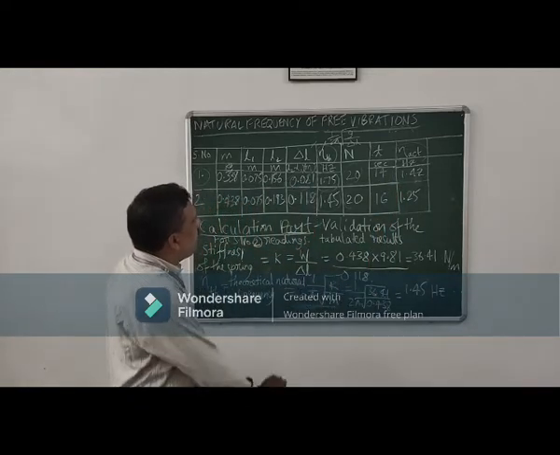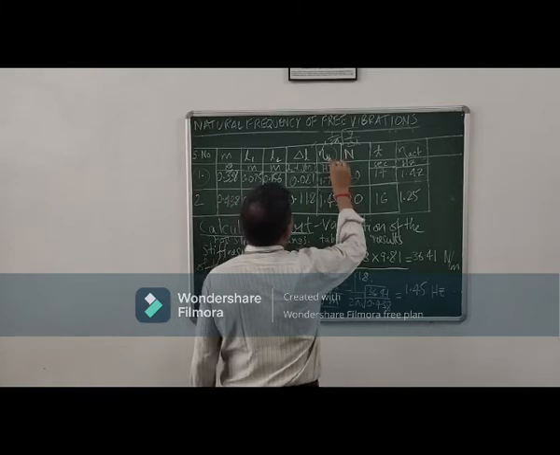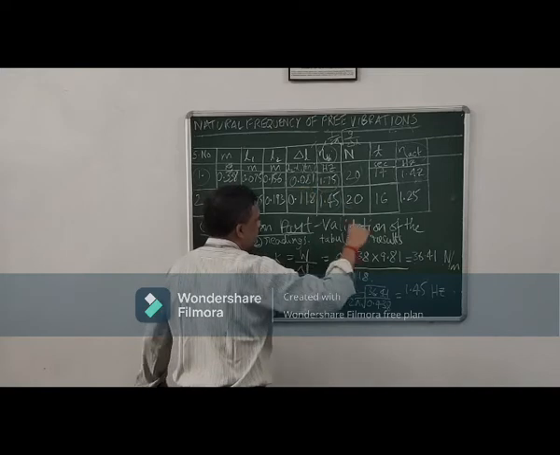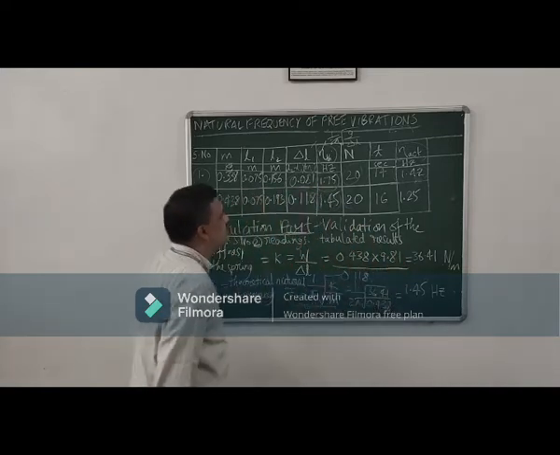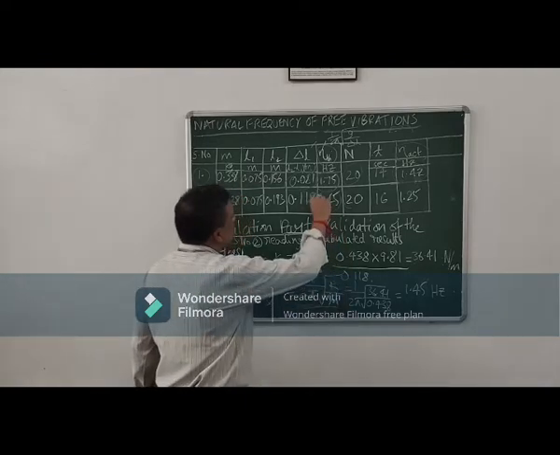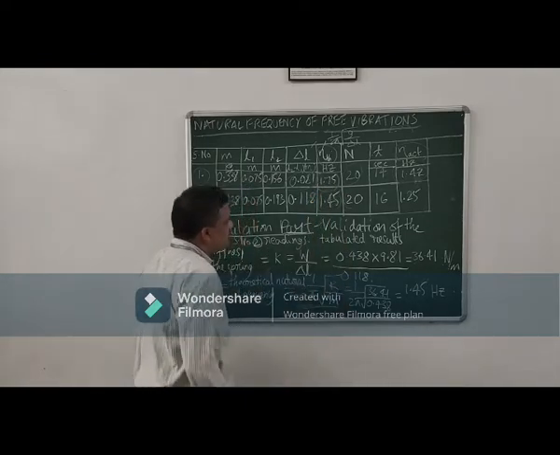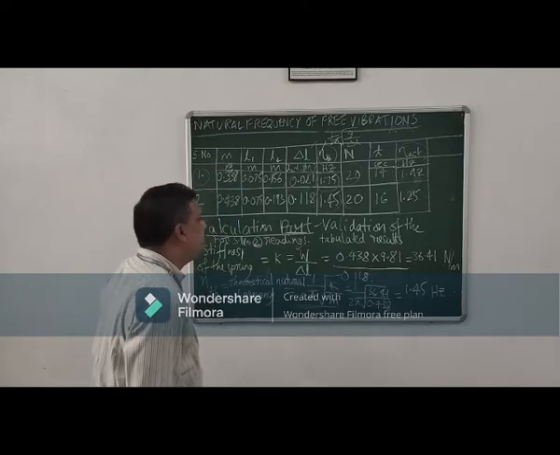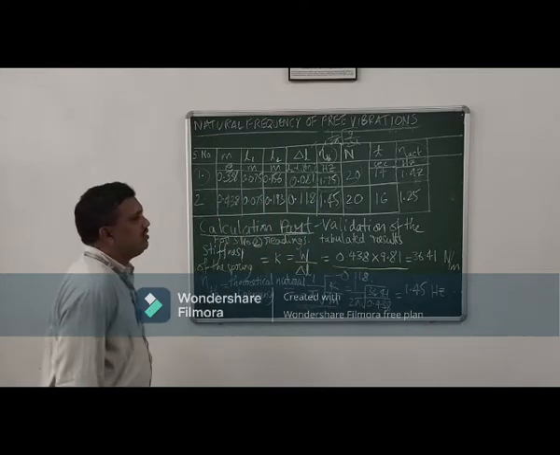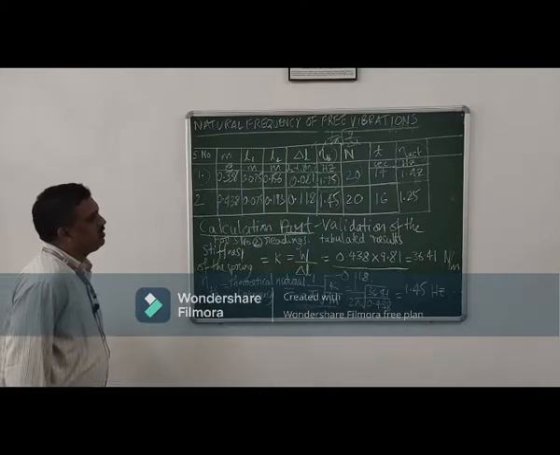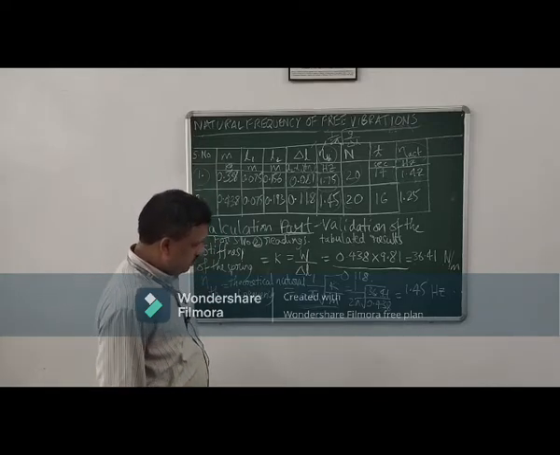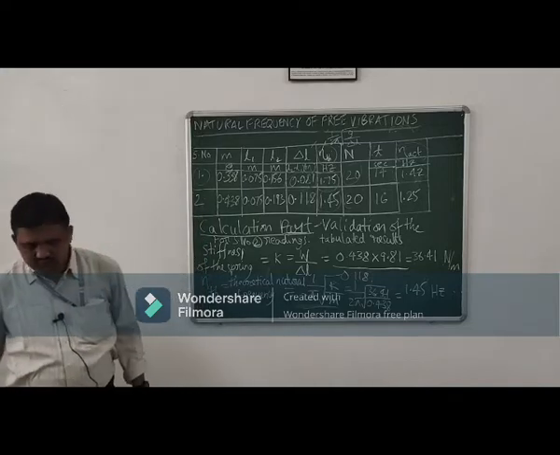Also, we calculated the theoretical natural frequency in two ways: one by the static deflection and the other by calculating the stiffness of the spring. Here the stiffness is varying according to the mass that is attached to the spring. Okay. So, by this we can write the result of the experiment.